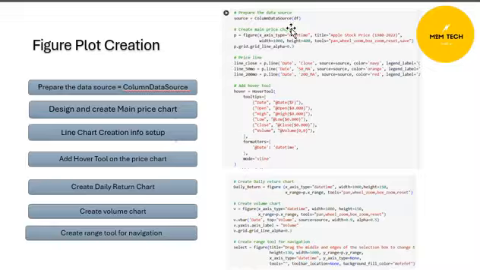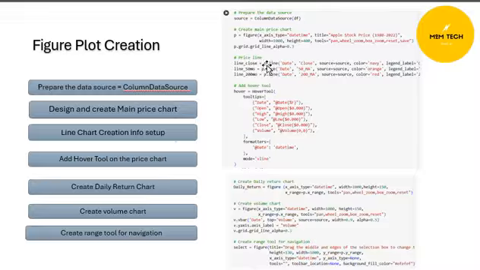I prepare the data source, which is a ColumnDataSource, and my chart is named p. I configure the layout of the chart, the title, the x-axis and y-axis setup, the size of my chart, and the tools I will use for my chart.